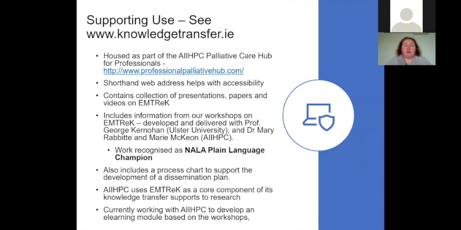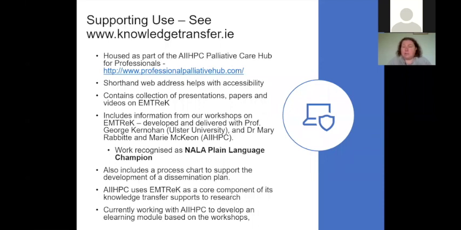So first of all, we have a website, knowledgetransfer.ie. This is actually housed as part of the Institute's Palliative Care Hub for Professionals. The link is there, but we wanted to have a very shorthand accessible link that people could access. There you'll find a collection of presentations, linked to the papers, and also videos on EMTReK.